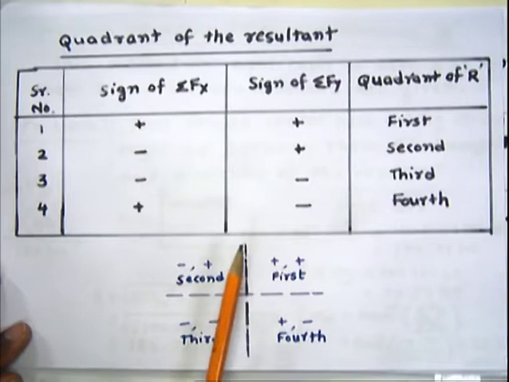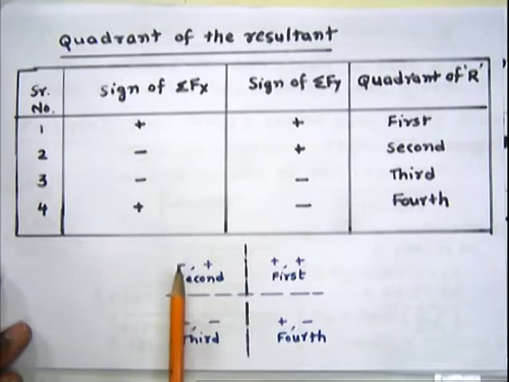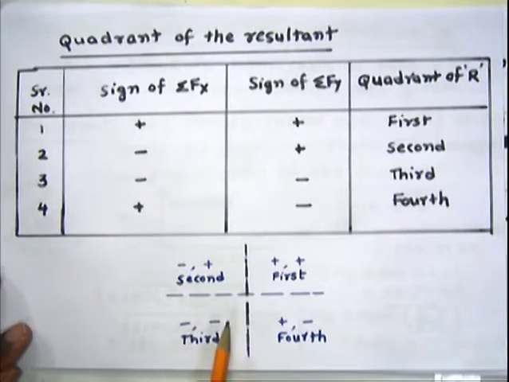If sigma Fx is minus and sigma Fy is plus, then it is falling in the second quadrant. If both sigma Fx and Fy are minus, then it is falling in the third quadrant. And if sigma Fx is plus and sigma Fy is minus, then it is falling in the fourth quadrant. This is how it is useful to locate the resultant force, that is, in which quadrant the resultant force exists.